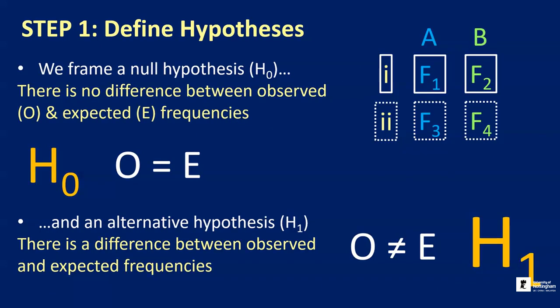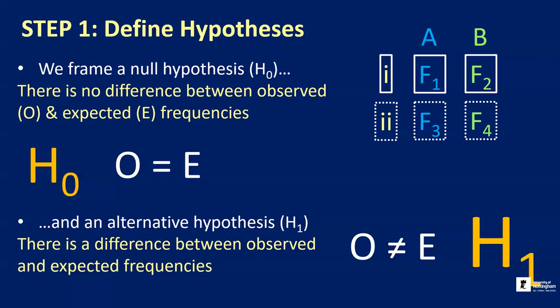So let's look at how we deal with this situation. Sometimes it's a bit more difficult to see what the question is, so we're going to think about how we could frame a hypothesis about frequencies. Essentially, the principle we're going to adopt is we're going to frame a null hypothesis that says there's no difference between the observed frequencies, the ones that we've actually recorded from the patients or whatever it is we're studying, and the expected frequencies under the null hypothesis.